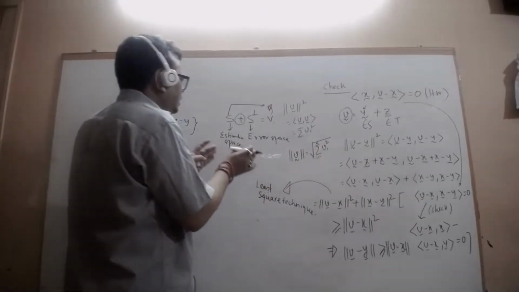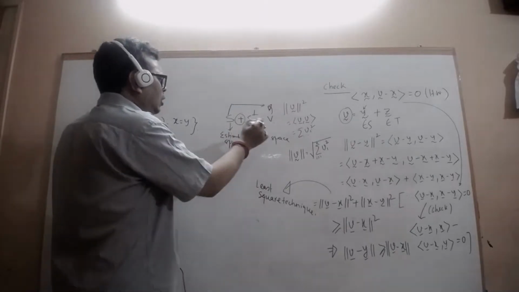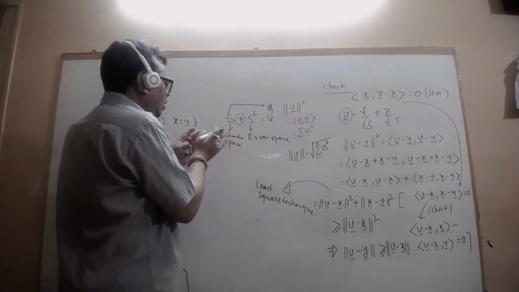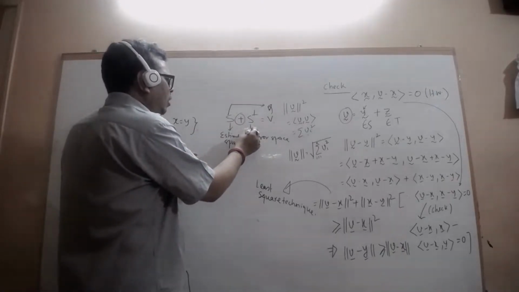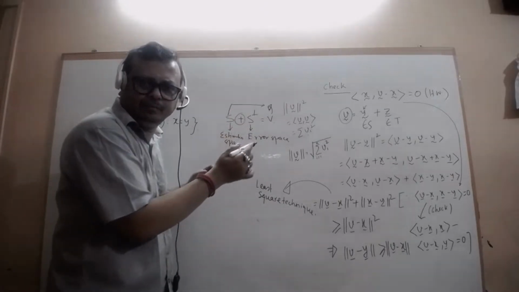This is the principle of the least square technique, and in our linear model, we define two spaces of V. One is the estimation space, another is the error space. The error space is the orthocomplementary space of the estimation space.